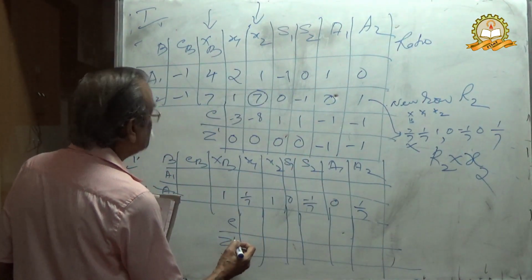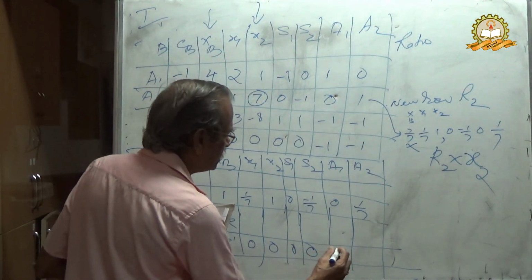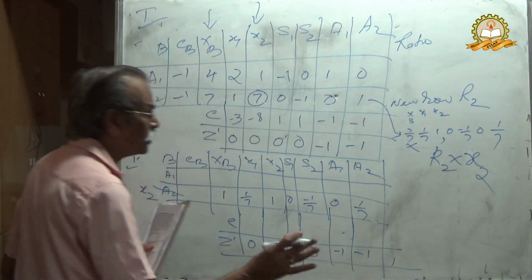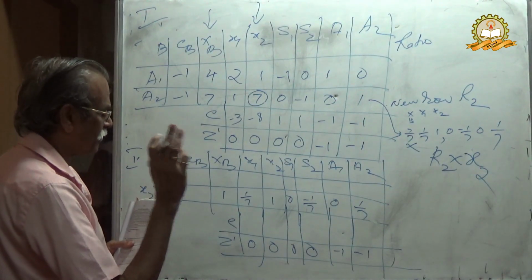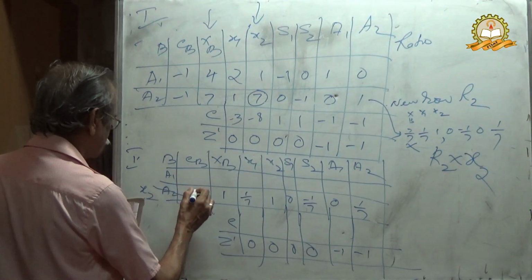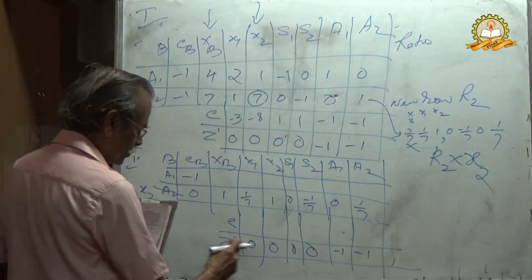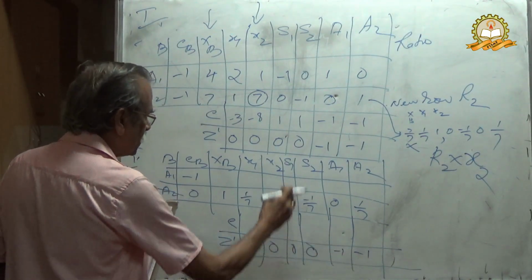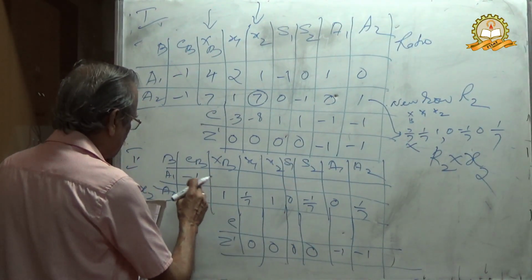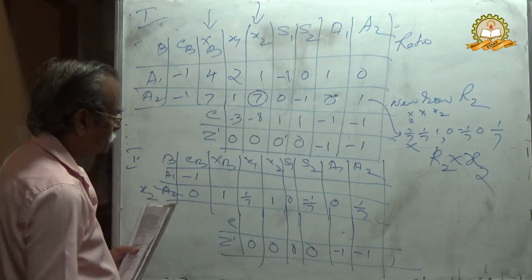Then Z dash will be 0, 0, 0, 0, minus 1 alone. Only two coefficients under a1 and a2. Therefore, x2 equals 0 and a1 equals minus 1. You consider this column: under x2, 0, and under a1, minus 1. It is written.